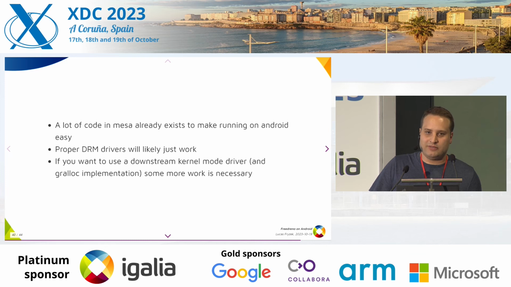If you want to use a downstream kernel mode driver and Gralloc implementation, that's where things get a little bit more messy. But a lot of this is open source, so even though it's messy, you can go see what that library is doing to get the per device specific information that you need for memory allocations, to handle the stuff that you need to handle.